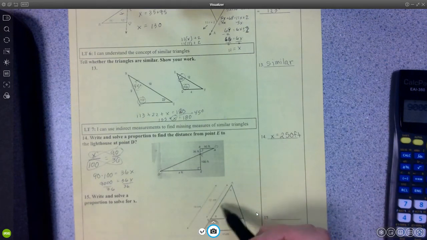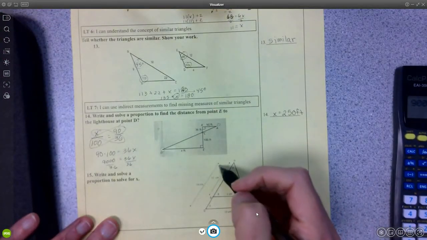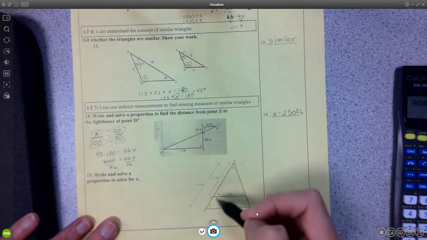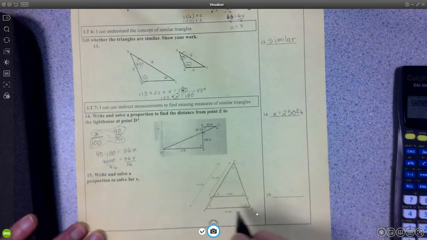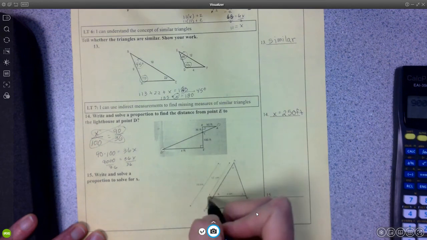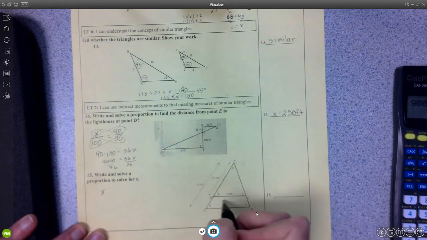Okay, write and solve a proportion to solve for x. Hard thing to see here is just you have a big triangle and a little triangle within it. So the long side of the big triangle to the bottom is to the long side to the bottom. But I'm going to write x first just to pay attention to it.